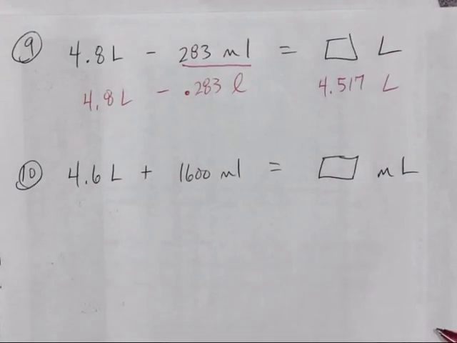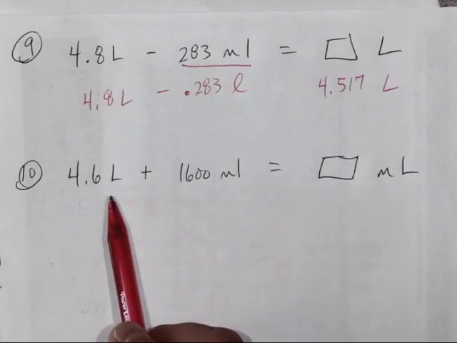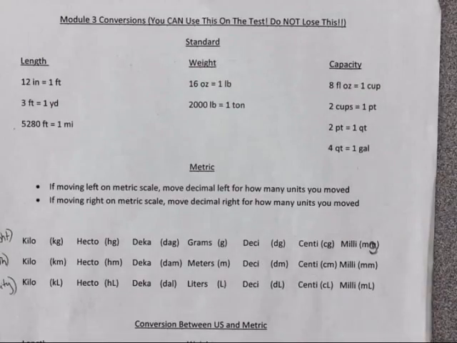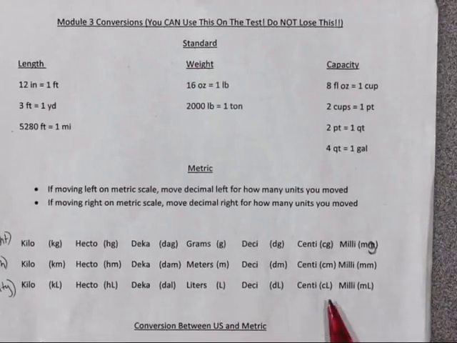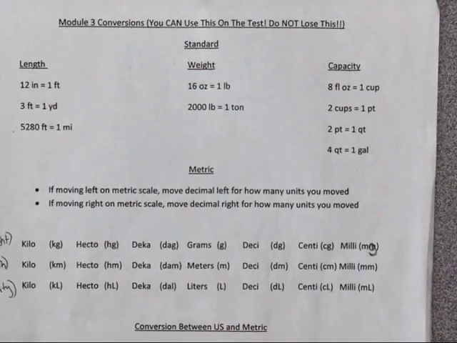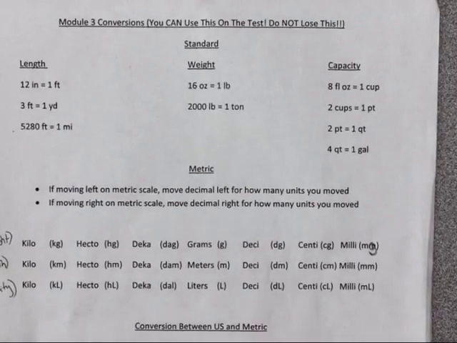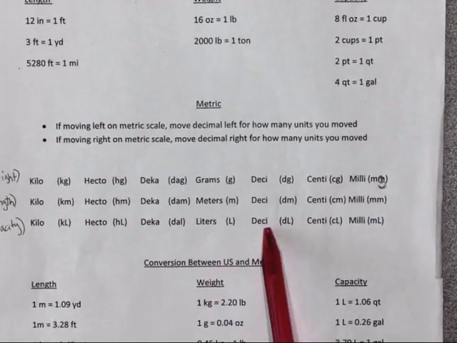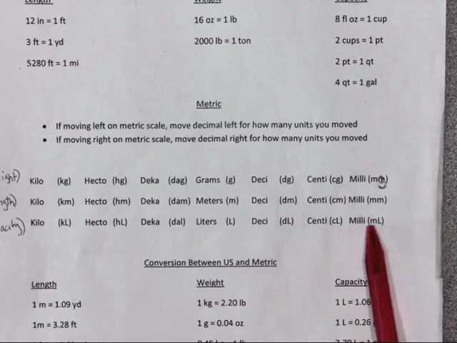Okay. This is adding. We're going the other direction. We want the answer in milliliters, so I'm going to take the liters and convert it to milliliters. This is already in milliliters, so if I'm going from liters to milliliters, I'm going to move the decimal 3 places to the right. So 1, 2, 3. Okay.